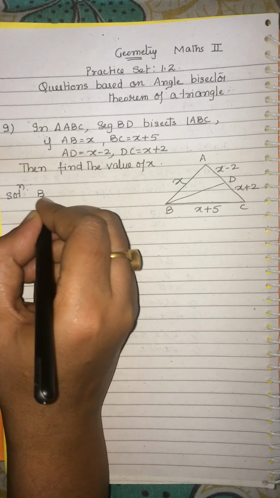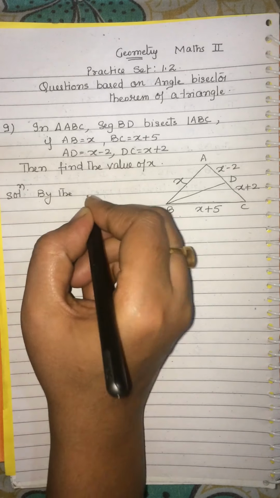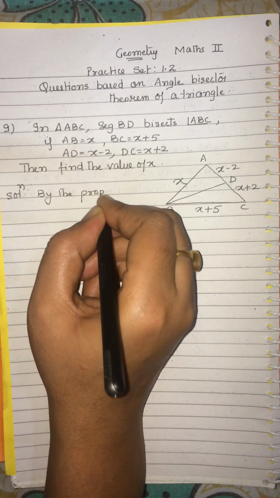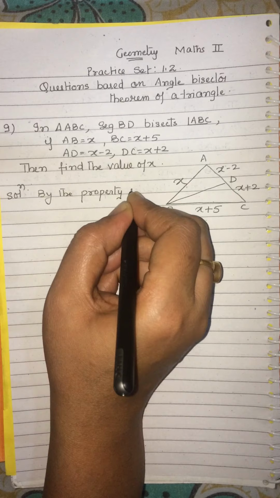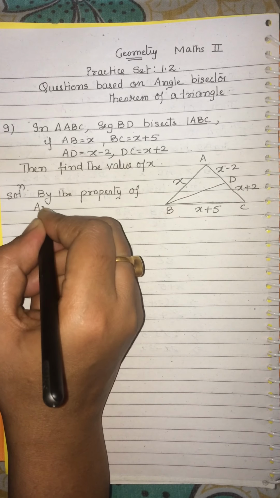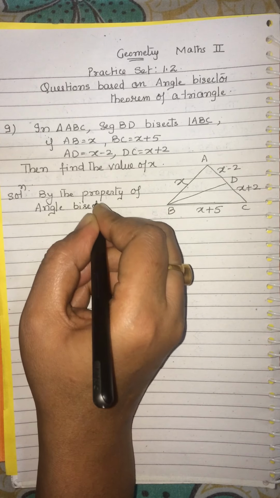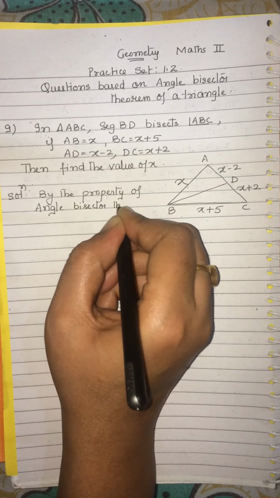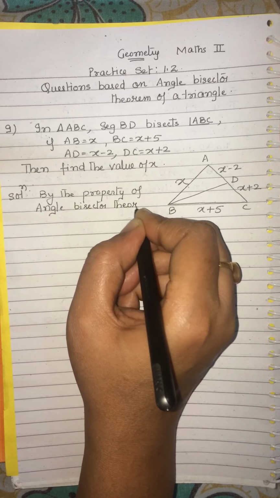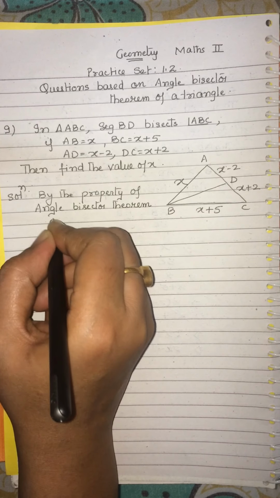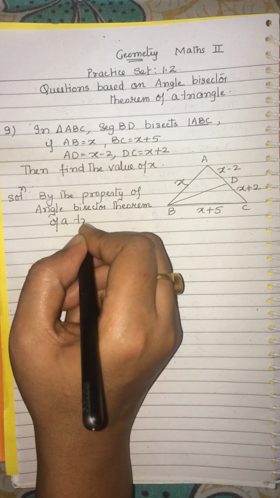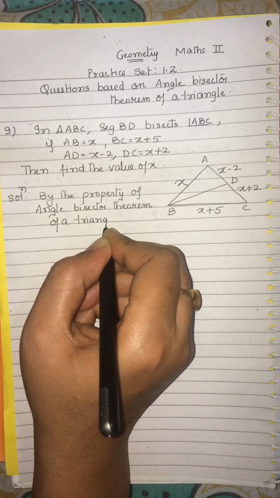So by the property of the angle bisector, this has to be written compulsorily: angle bisector theorem of a triangle, or property of a triangle. What do we have?